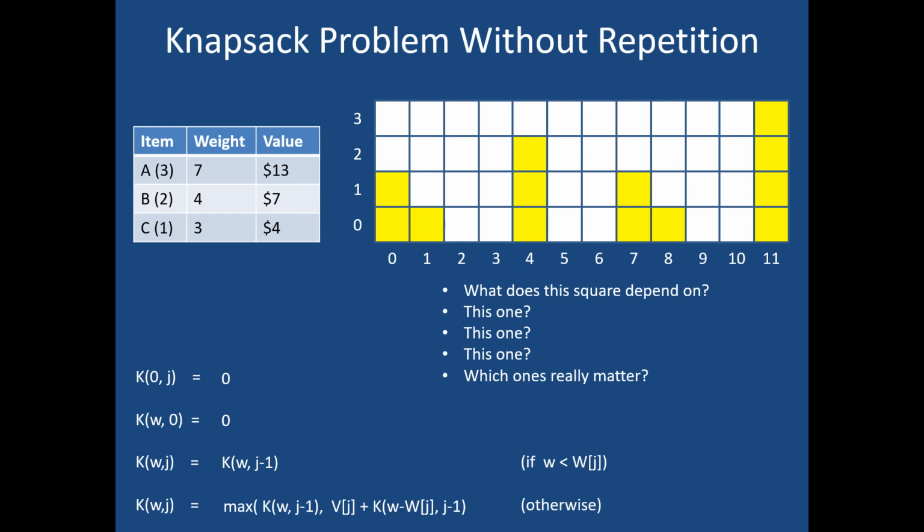If you fill in the table, you end up writing numbers in all those white squares that do not matter. If you do it recursively, it basically automatically discovers the only things that matter. It just computes the yellow boxes. And so you end up with a faster solution. So that's another trade-off between the two. So it can be a little bit subtle sometimes.